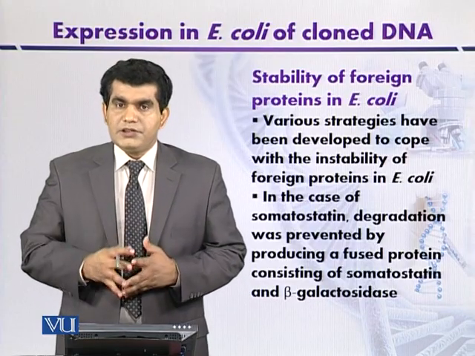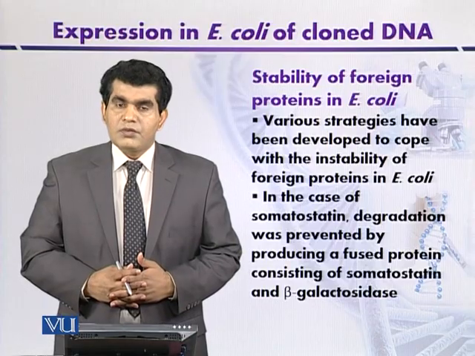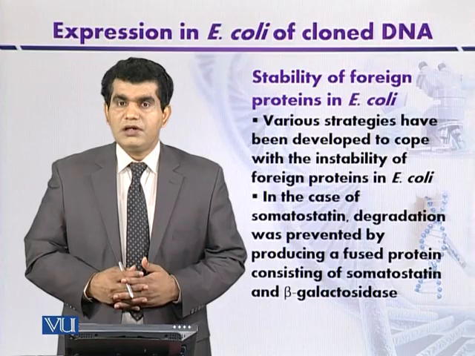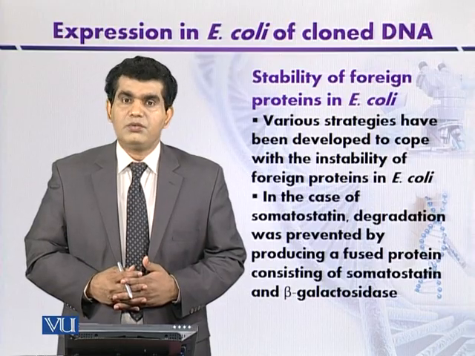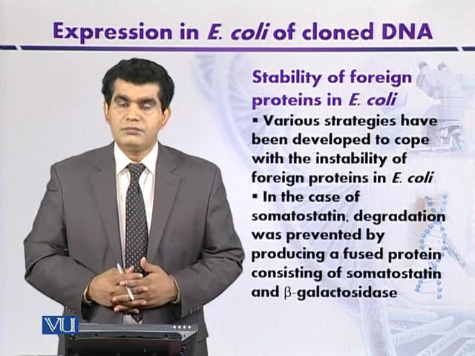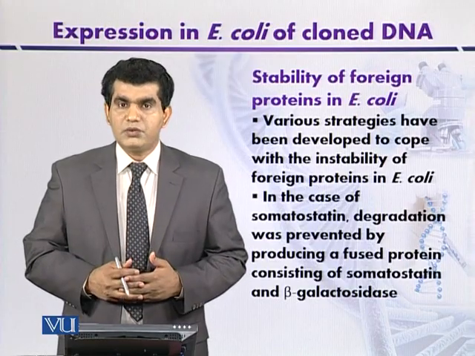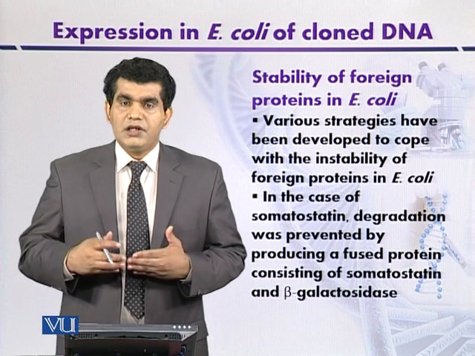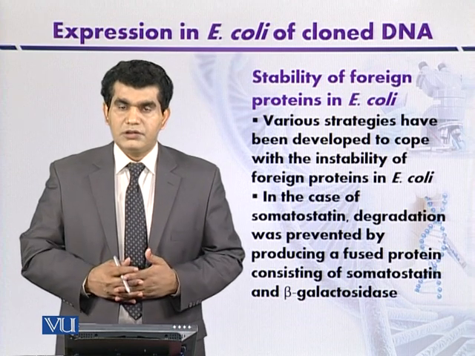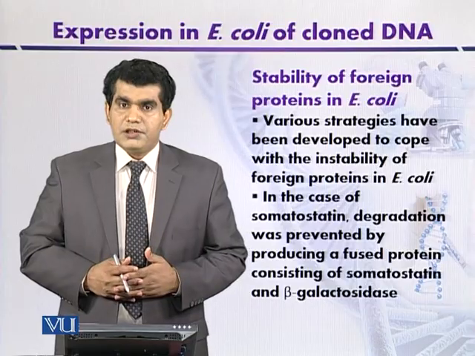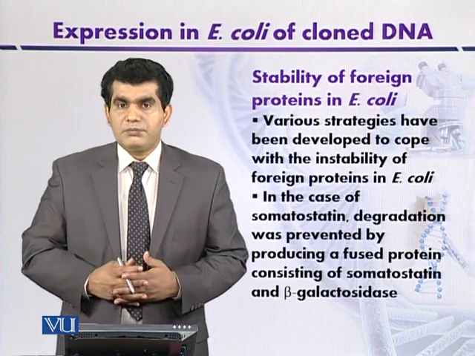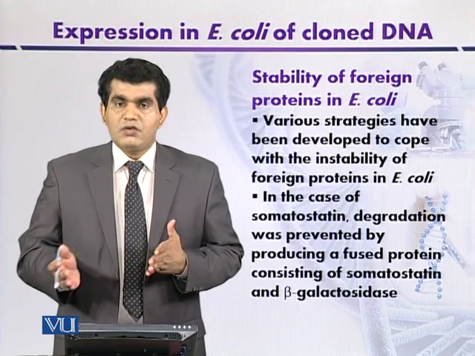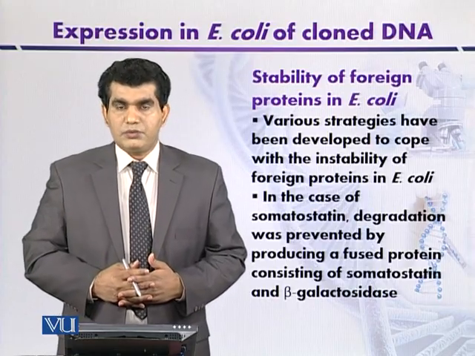So different strategies have been used to tackle this problem, that is, instability of the foreign proteins in the host organism. And one of the strategies, as I told you, is the expression of proteins in the form of fusion proteins. For example, here one can quote the example of proinsulin in combination with beta galactosidase.